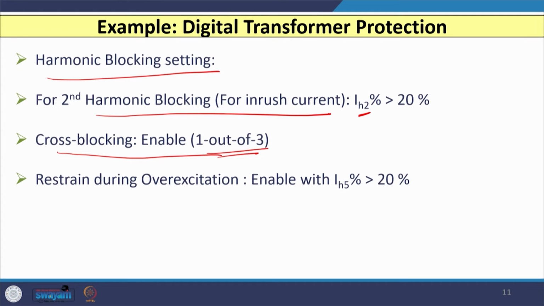So, if in any one of the phases the percentage of second harmonic exceeds a certain value, then blocking is there, no tripping is given. And for overexcitation condition, we assume that the percentage of fifth harmonic current should also be 20%. So, if it exceeds 20%, then overexcitation condition is detected and no tripping is initiated.